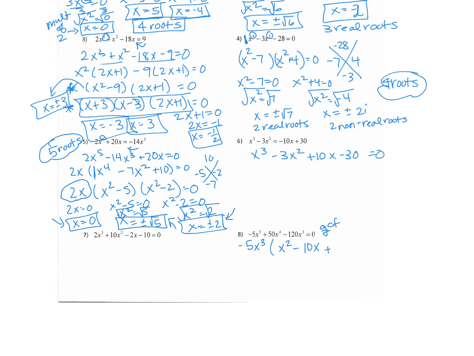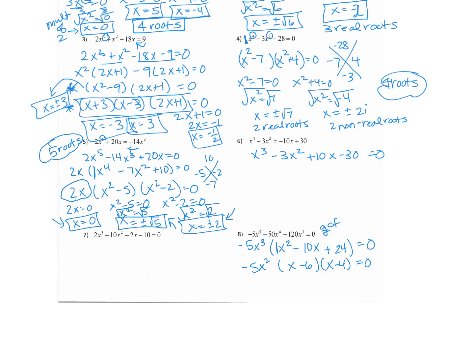And then finally I'm going to have a positive 24. When I divide -120 by -5, my x cubes cancel, and this is equal to 0. So this is a pretty easy factoring problem. You could use your diamond method if you want. Because my a is 1, I'm just going to throw my side numbers, -6 and -4, into my parentheses.